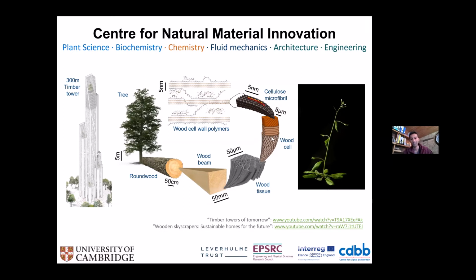And then at the tissue scale, we work with chemists and fluid mechanicists to try and modify timber to make it more durable, for example. So we work with both archaeological materials, so the Mary Rose ship, for example, which is a waterlogged 16th century ship.